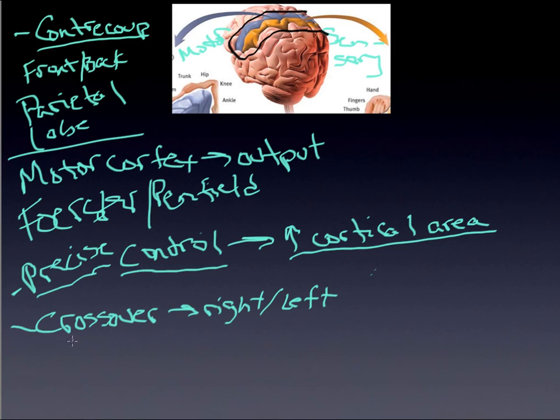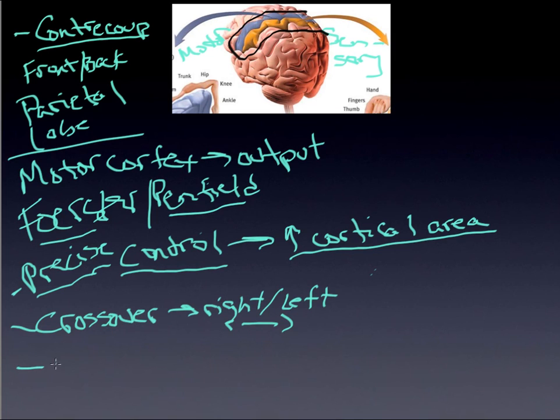Stimulating the different cortical areas is what these guys did, and when they would stimulate, for example, the right hand, it would affect the left areas in the cortex itself, and that's part of the motor cortex and how it operates.